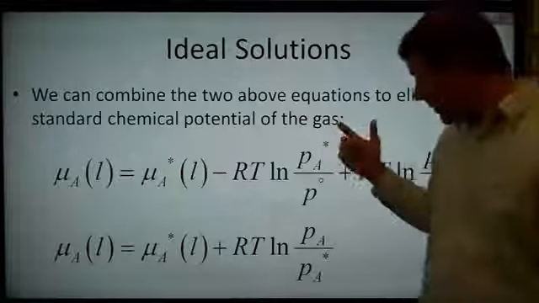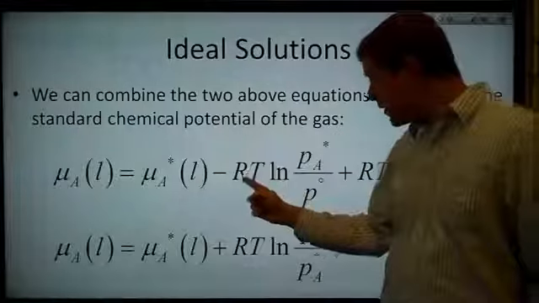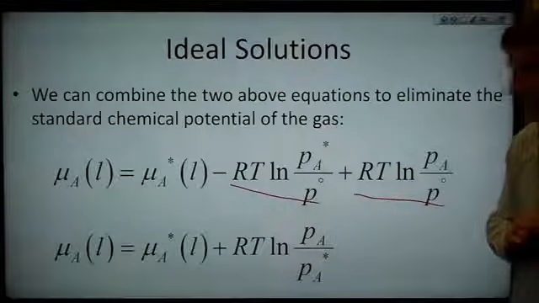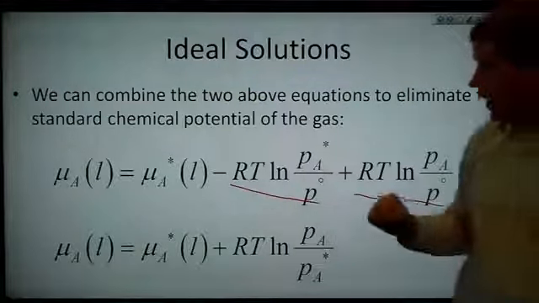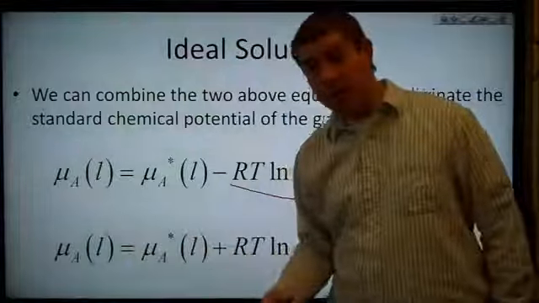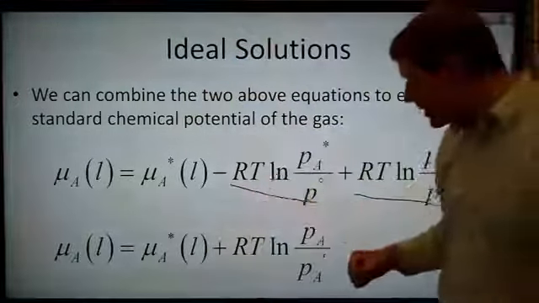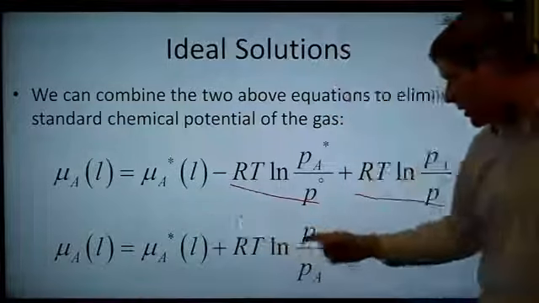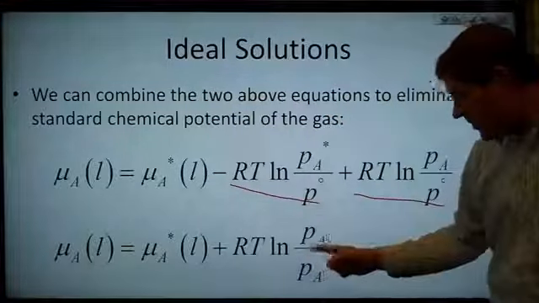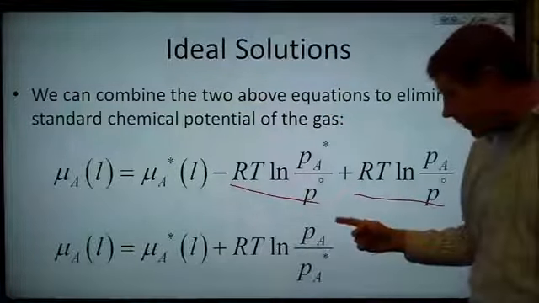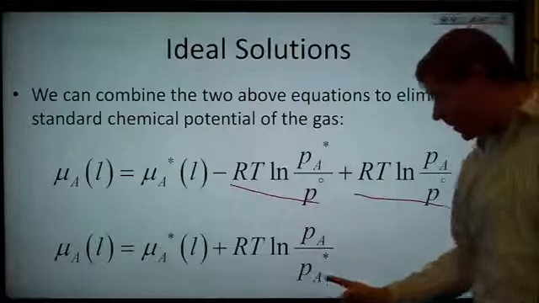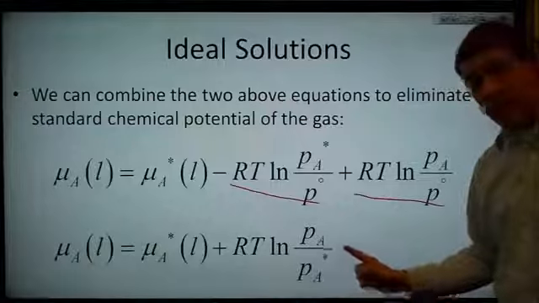And so now we can combine these two natural log terms, and so we get the chemical potential of our liquid for substance A is equal to the chemical potential of A while it's pure, still in the liquid phase, plus R times T times the natural log of the vapor pressure of A in the mixture divided by the vapor pressure of A while it's pure.